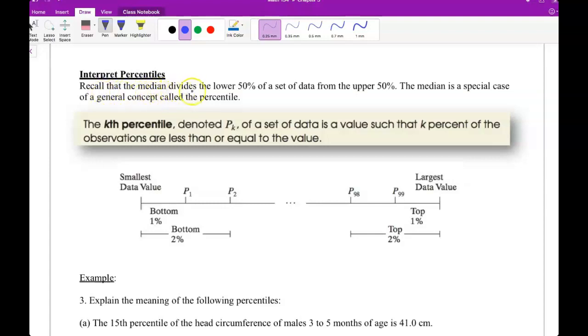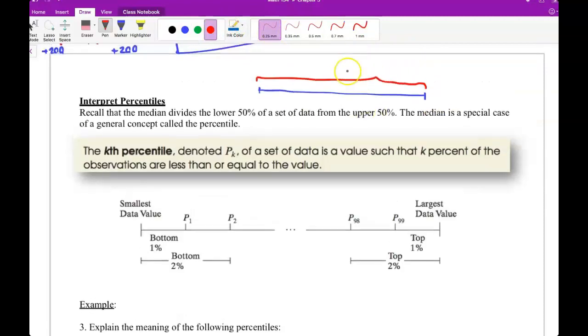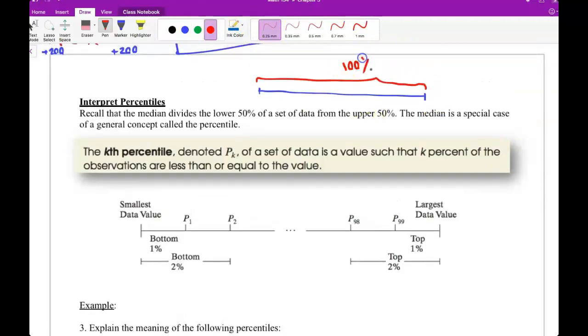Recall that the median divides the lower 50% of a set of data from the upper 50%. What that means, for example, if you have this part, this is 100% total. Then the median is in between, dividing this 100%.